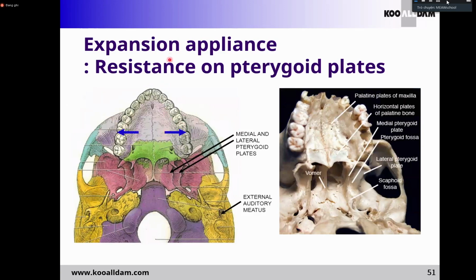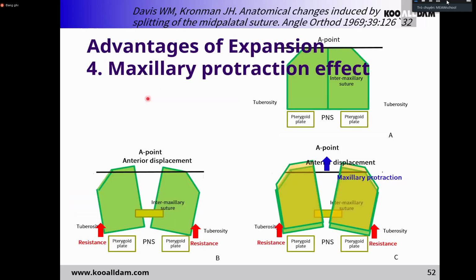As you know, when you use the expansion appliance, because of the resistance on the pterygoid plate, we can achieve the forward movement of the A point. So expansion means an anterior displacement of A point, and adding face mask, we can achieve greater anterior displacement of A point.